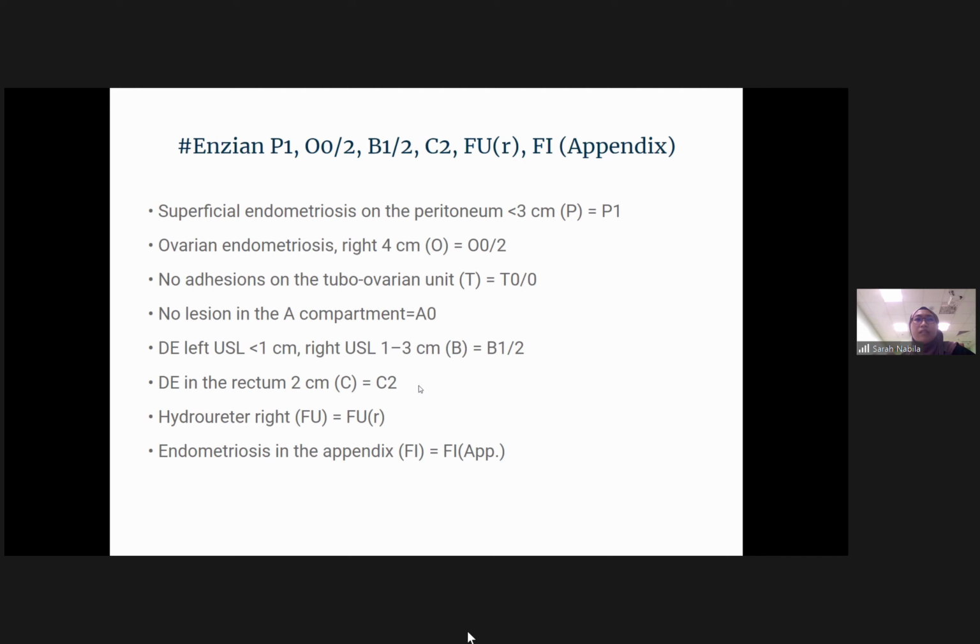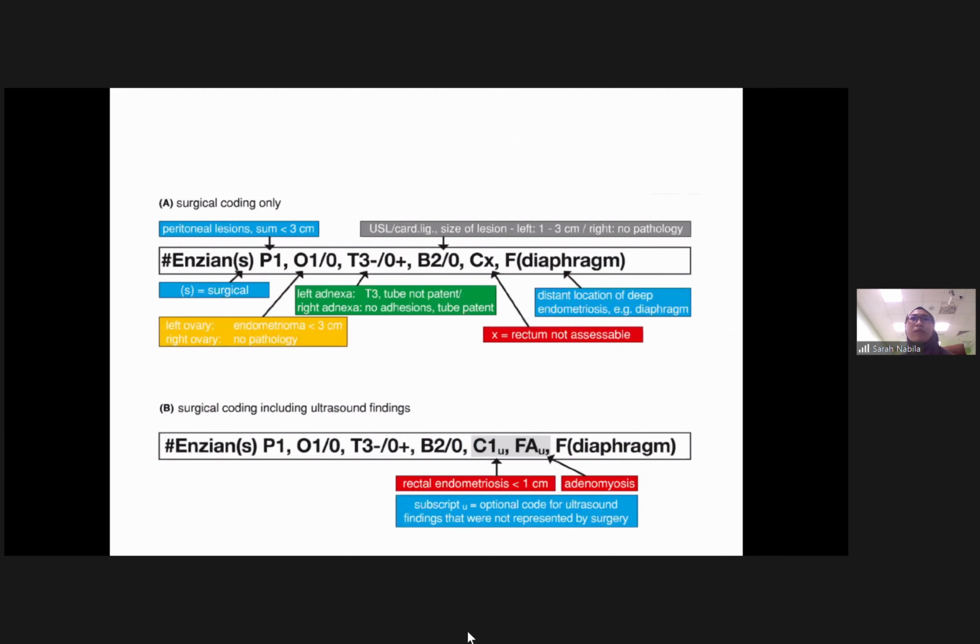And then C2 is deep endometriosis in the rectum measuring 2 centimeters, also accompanied by hydroureter on the right. So FU(R) for the right side, and also endometriosis in the appendix, FI, intestinal, which is the appendix. So it looks a bit complicated, but it's very comprehensive.